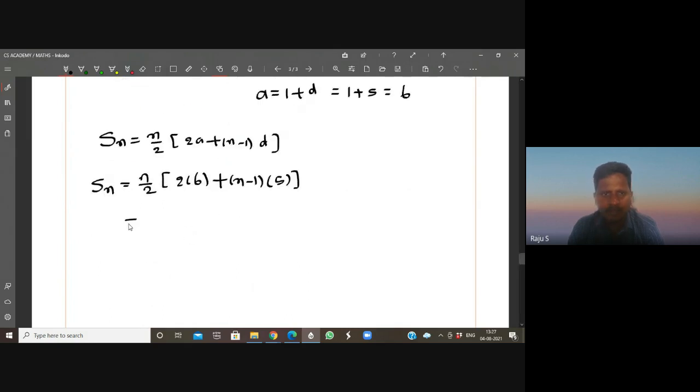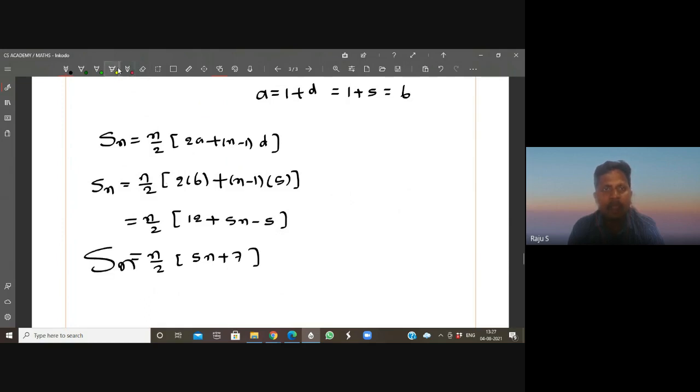Then simplify this: n by 2 times 12 plus 5n minus 5, so n by 2 of 5n plus 7. This is the required sum of n terms, right students?